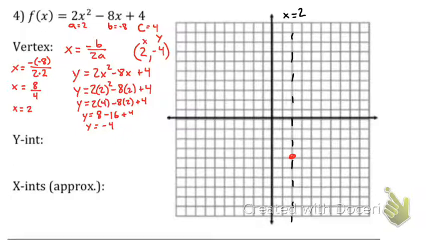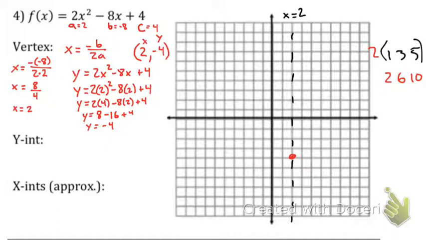Now we want to graph, and we are going to use, if you remember, the 1, 3, 5 rule. But the 1, 3, 5 rule gets affected by the a value. My a value is 2, so the 1, 3, 5 rule has to be multiplied by 2. My 1, 3, 5 rule turns into the 2, 6, 10 rule.